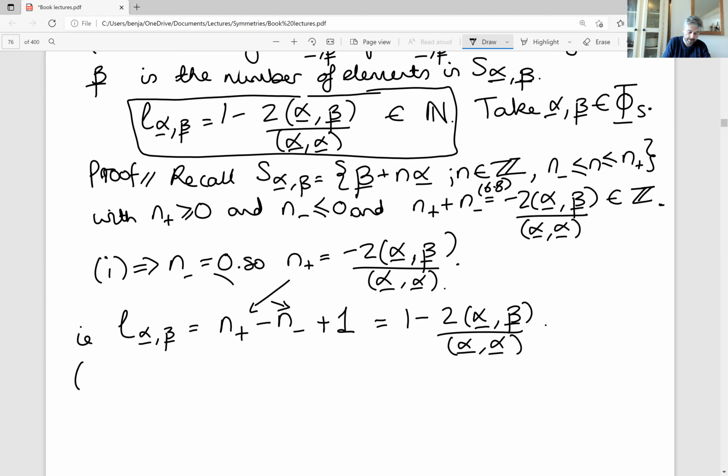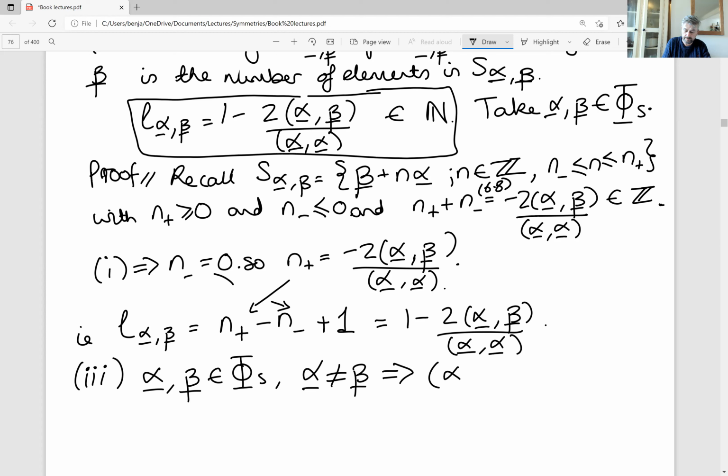So the third property is that if alpha and beta are simple roots and alpha is not equal to beta, then this implies that alpha comma beta is less than or equal to 0. So this is just a corollary of property 2.